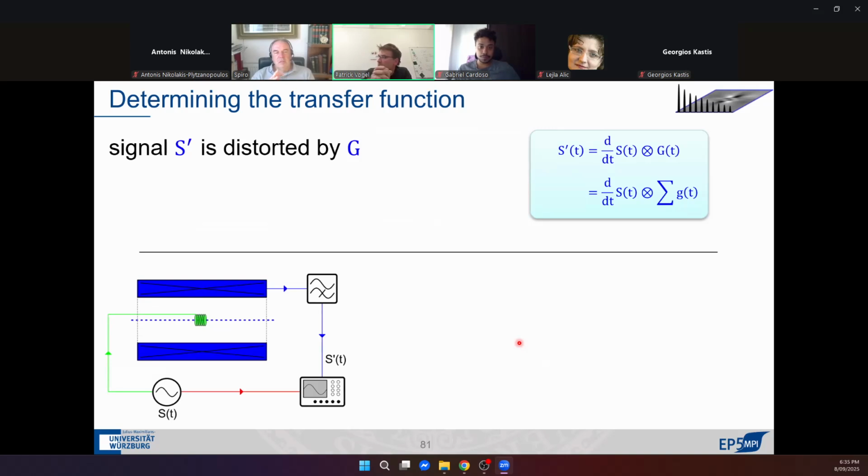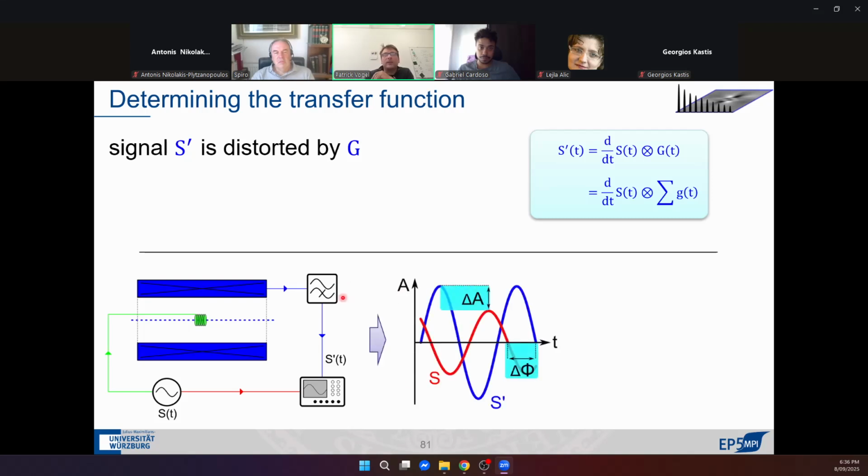You put this coil into your scanner, and by sending a specific frequency over the small coil, you can measure on the receive side the change in amplitude and phase at this specific frequency. And when you do this for all the different frequencies in your spectrum, then you can acquire the transfer function, and with this transfer function you can then correct your system.